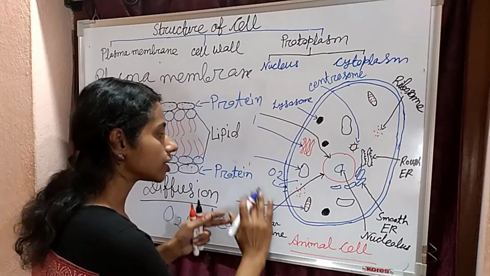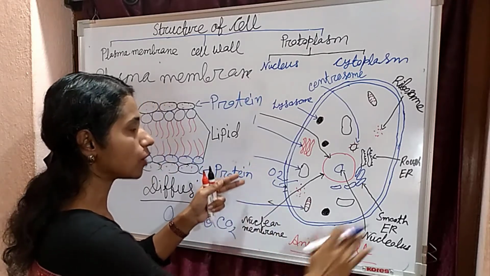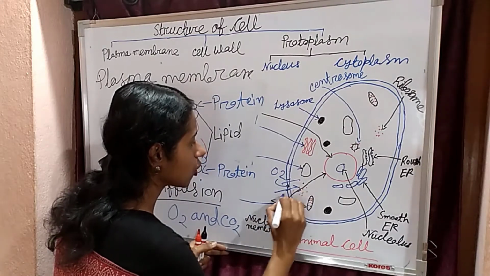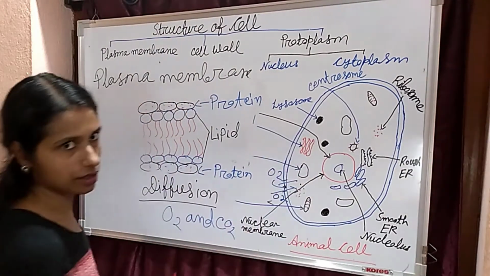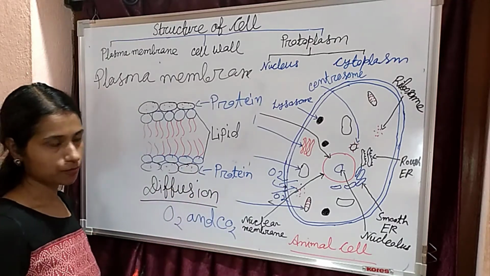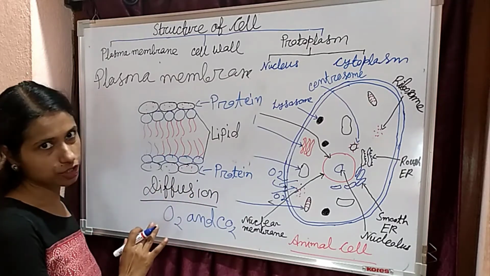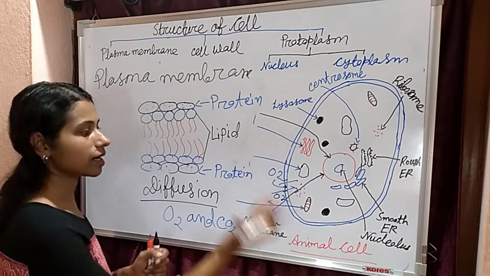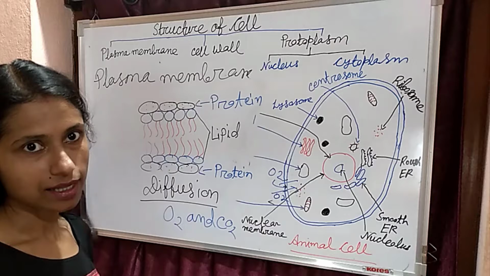If the concentration of oxygen is more outside the cell, in the surrounding atmosphere, then oxygen will get inside the cell. The same thing will happen with carbon dioxide also. So this process is diffusion. Through this process, gases can get inside and come out of the cell.